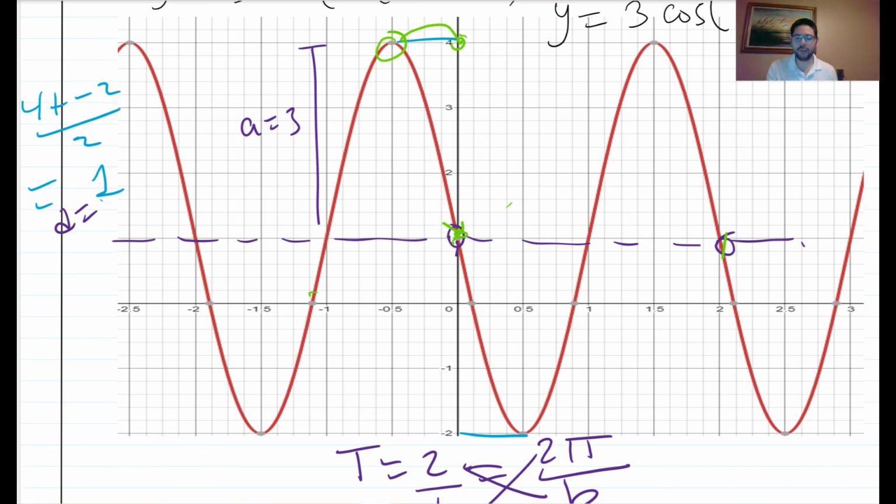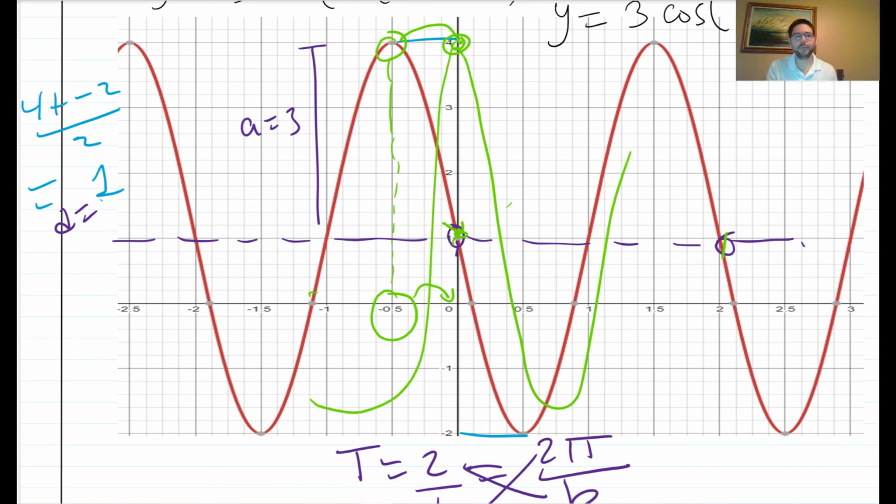We got to move that peak over there. So how much do we move it by? Well, this point is at the -1/2 mark. So we got to take that and move it over by 1/2. Okay, and that will give us our green graph. So then it will look like that, which is what we want.